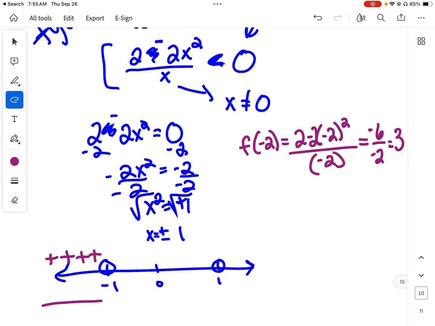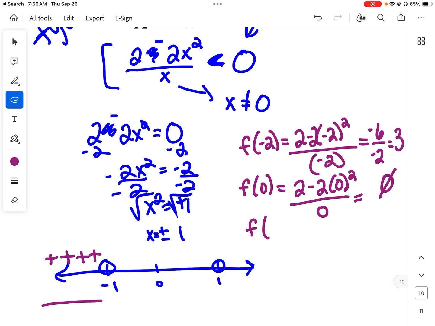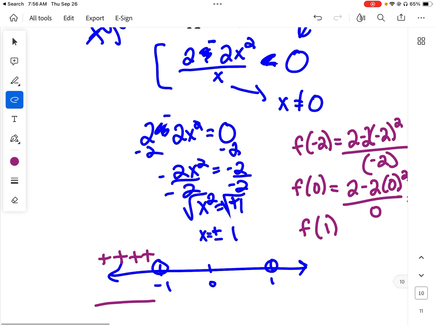So now we'll do between -1 and 1. So 0 would be an easy one to try. So we're going to do 2 minus 2 times 0 squared over 0. Oh, remember it can't be 0. So that's no solution. So let's not even test that.